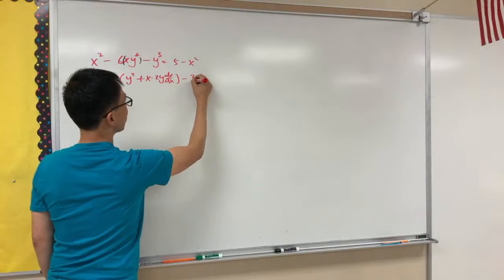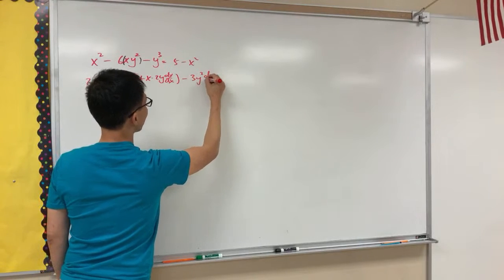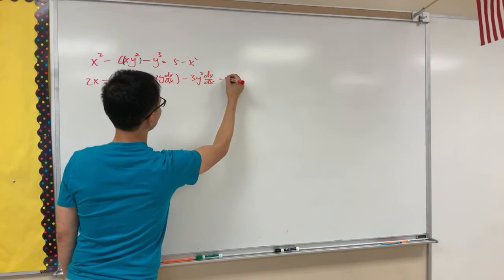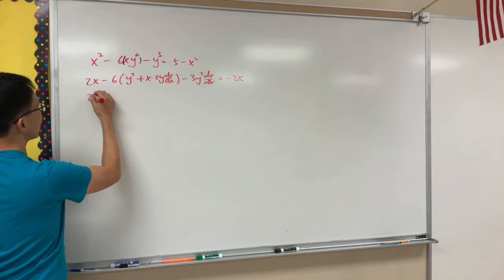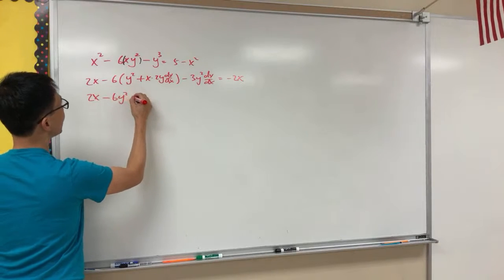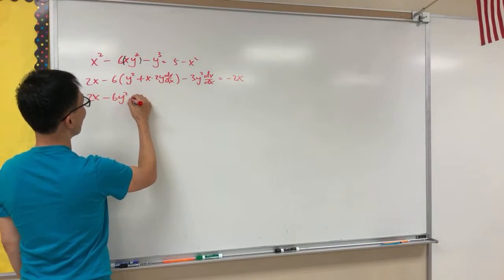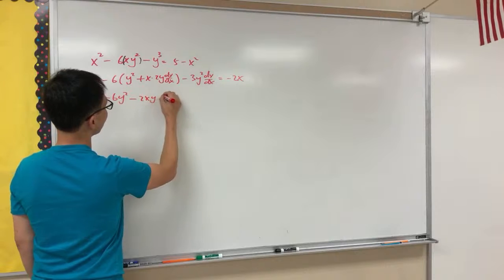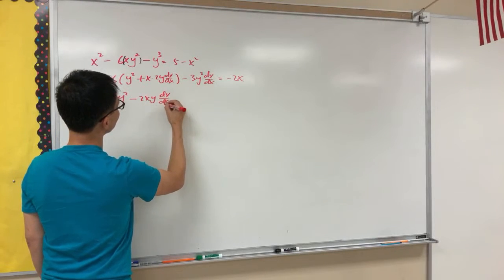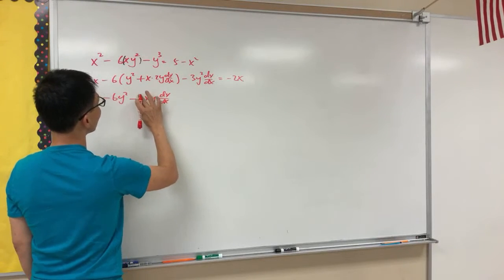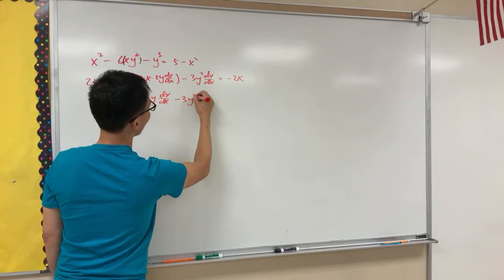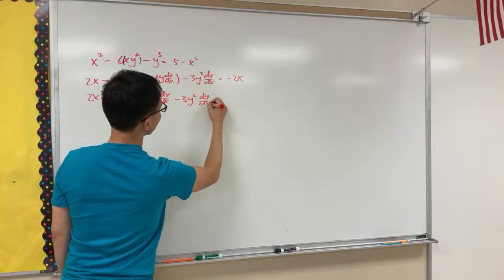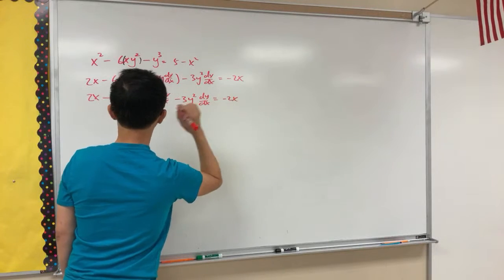minus 3y squared dy dx is equal to negative 2x. And that's going to be 2x minus 6y squared minus 2xy dy dx. Yeah, minus 12. My bad, I forgot to distribute that. Minus 3y squared dy dx is equal to negative 2x.